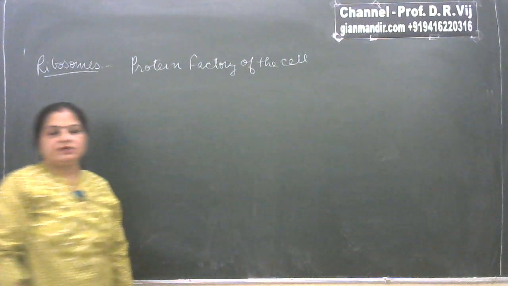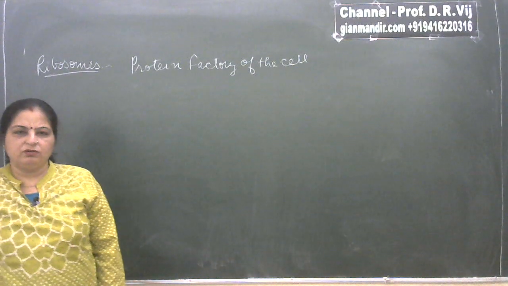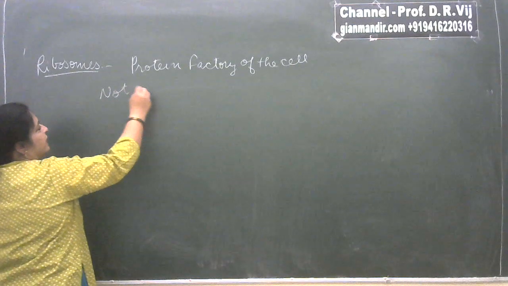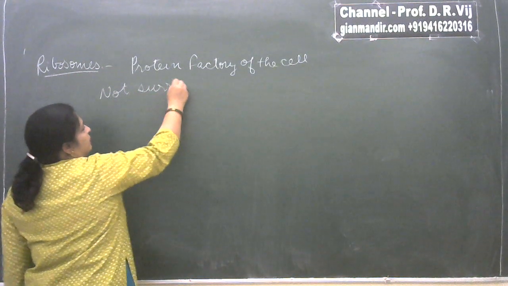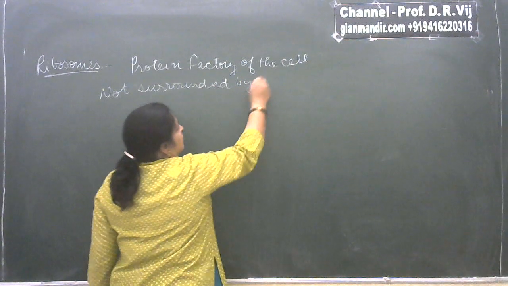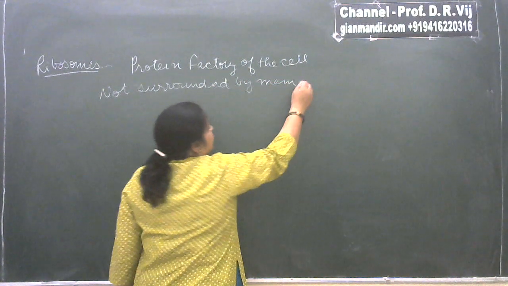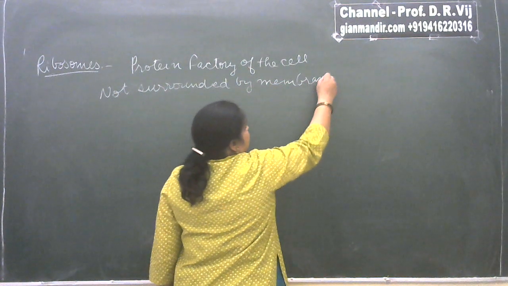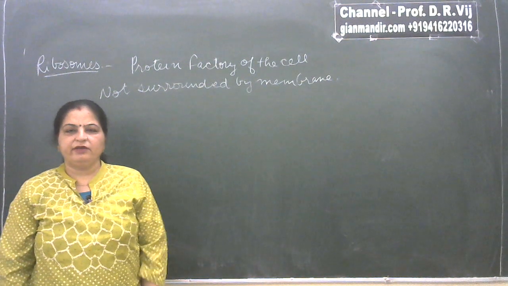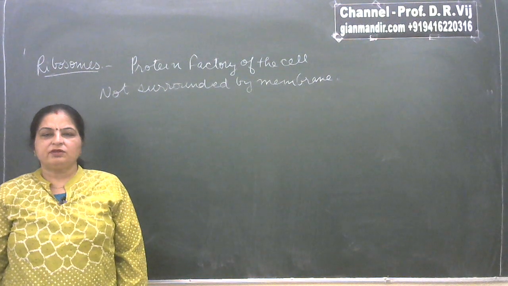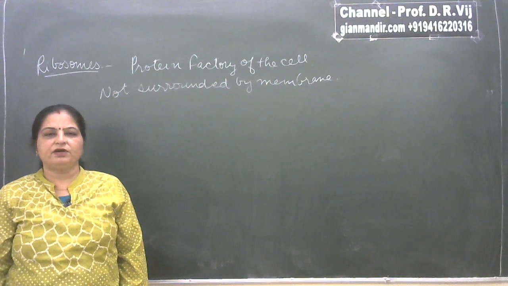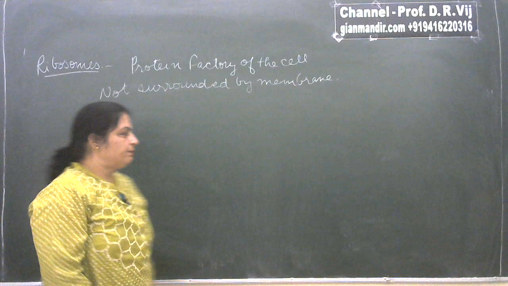And these are the cellular organelles which are found near the nucleus, but these are not surrounded by any membrane. And these ribosomes are either found near the nucleus or they remain attached to the surface of endoplasmic reticulum, resulting in formation of rough endoplasmic reticulum.